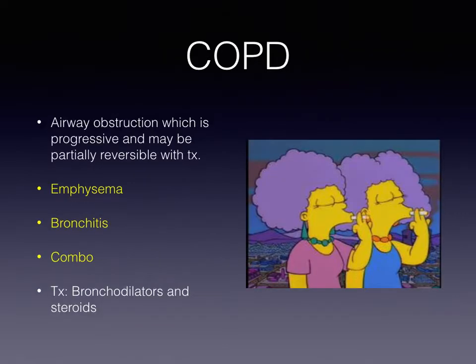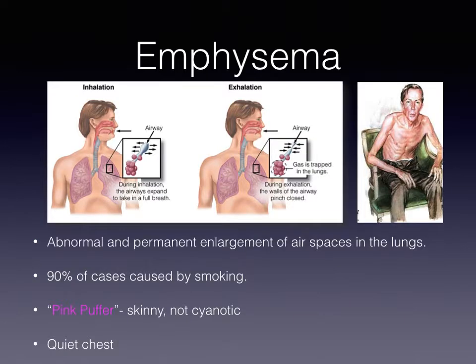Now, COPD, we see this a lot. This can also cause shortness of breath. Here we have airway obstruction, which is progressive. Sometimes it's reversible with treatment, and usually we use bronchodilators and steroids to do that. The most common forms of this are emphysema or chronic bronchitis or some combination of both.